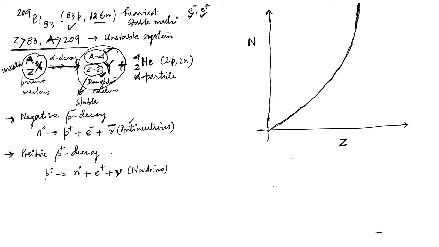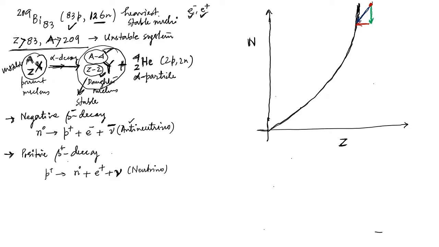So what will happen is that to come to this line, if a system is here, it will decrease in neutron number by 2, and it will decrease in proton number by 2, and then the final product will reach this line of stability.